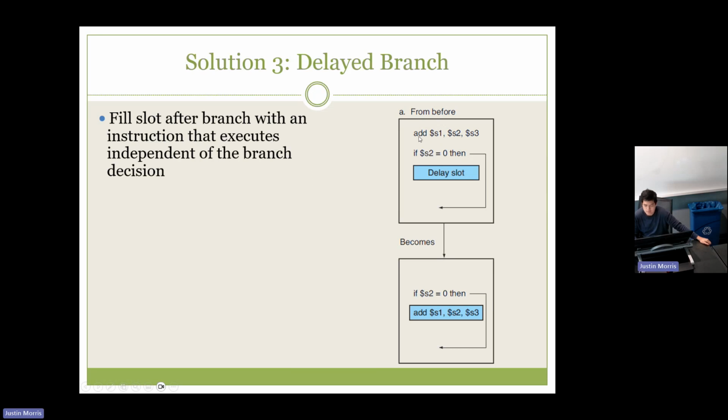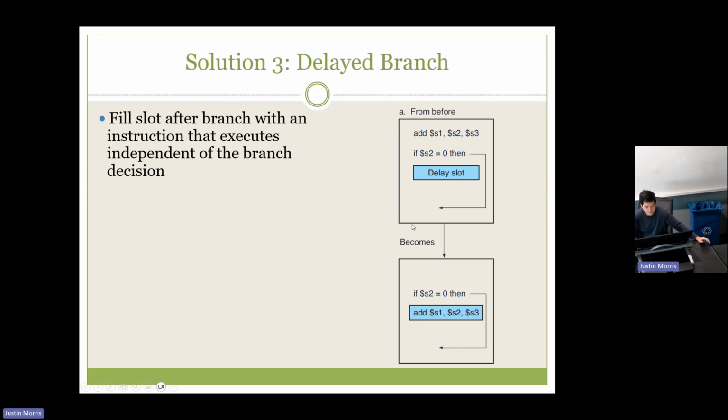So rather than executing this instruction before the branch instruction, we can execute the branch instruction and then start the execution of this instruction. And we resolve the branch in decode, so the very next cycle, and then we fetch the correct instruction based on the branch outcome.